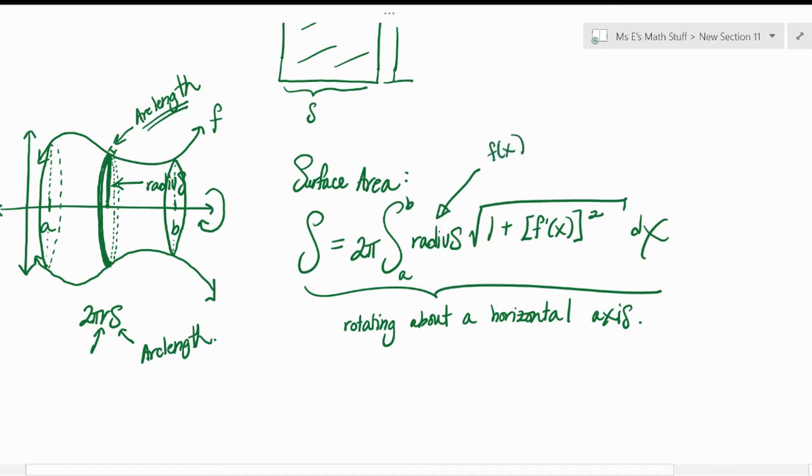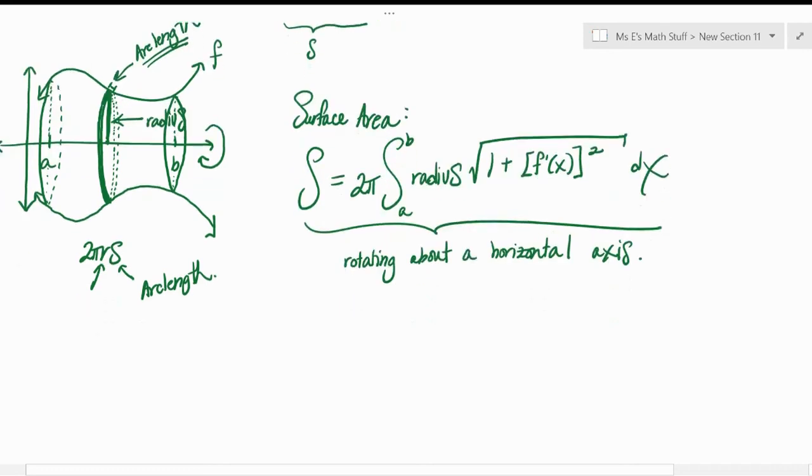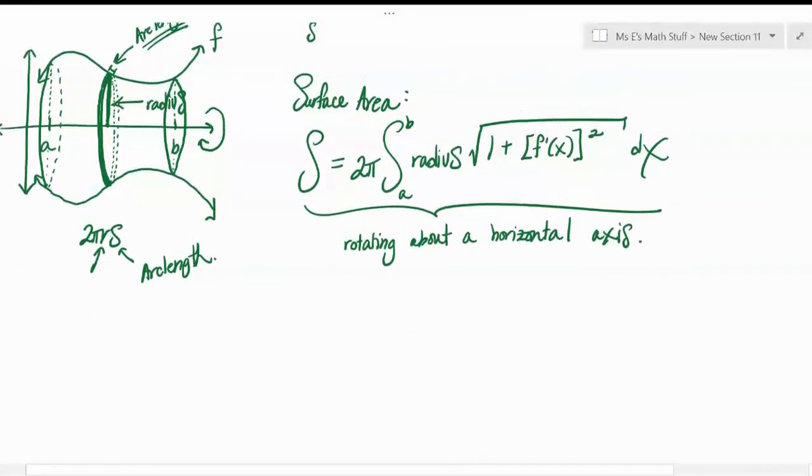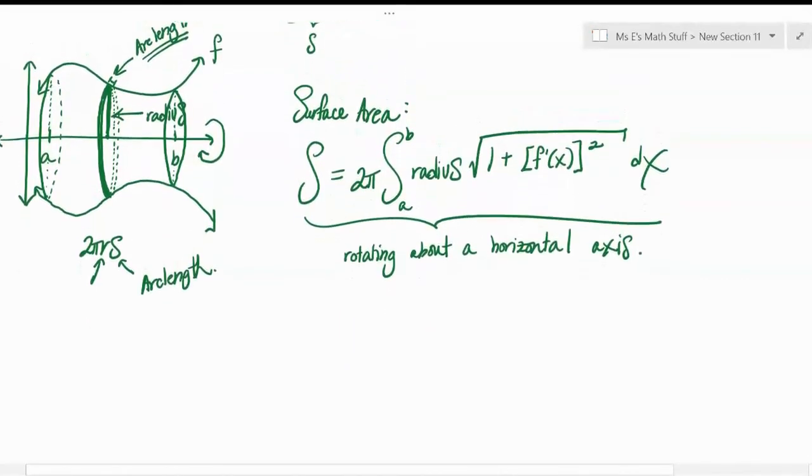But I'm not going to write that because what if we revolve around maybe like the line x equals -5 or something like that? In that case, the radius would be f of x, but then plus an additional 5 units. And so I think we're better off with the word there. Hopefully that makes sense.